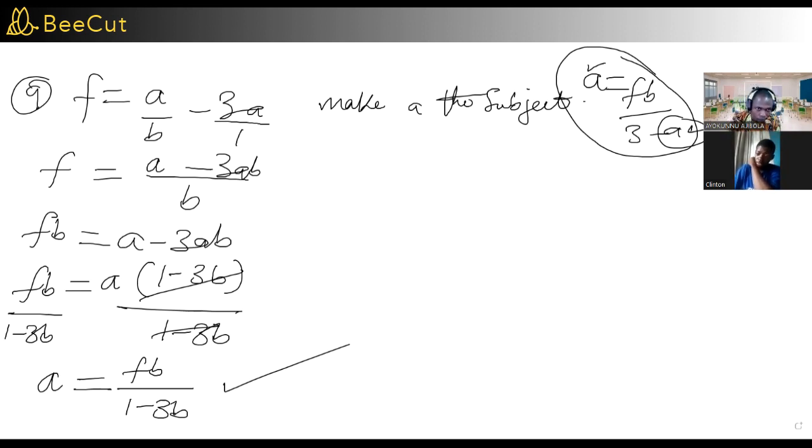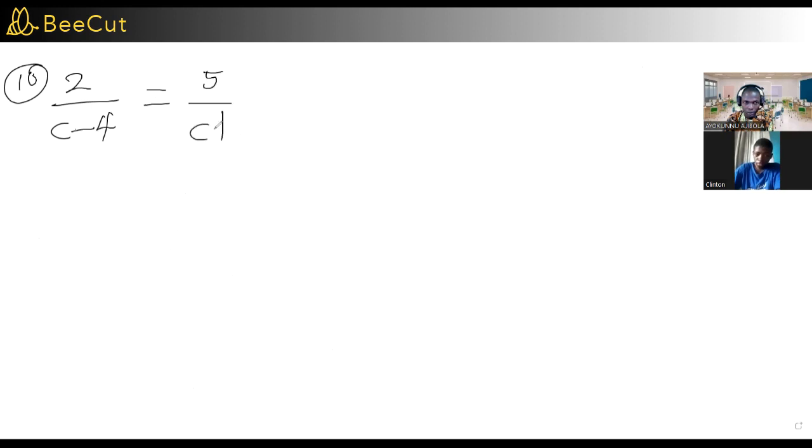It's not even subject to the formula, it's just like saying you should find C, but then we are going to solve 2 more questions. So this one says 2 over C minus 4 equals 5 over C plus 7.